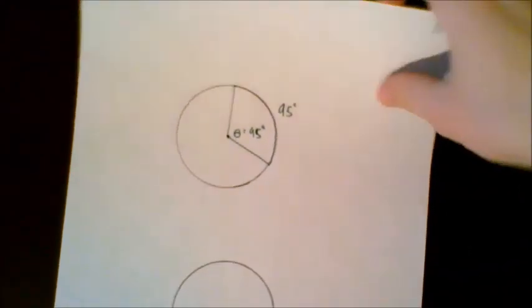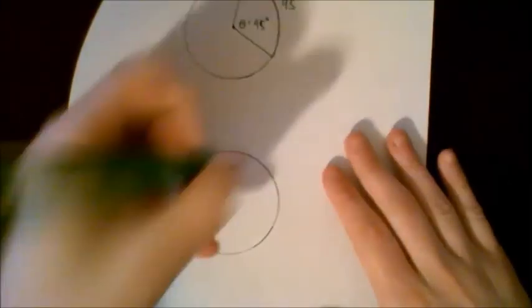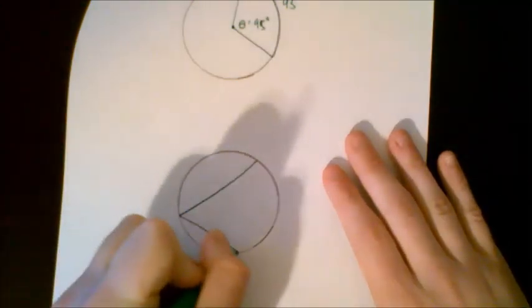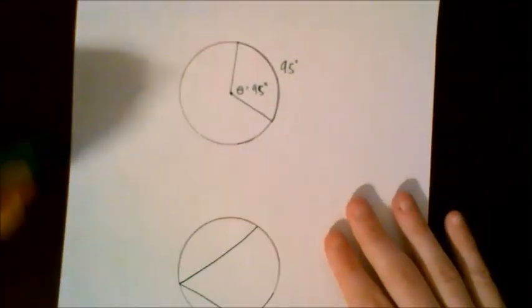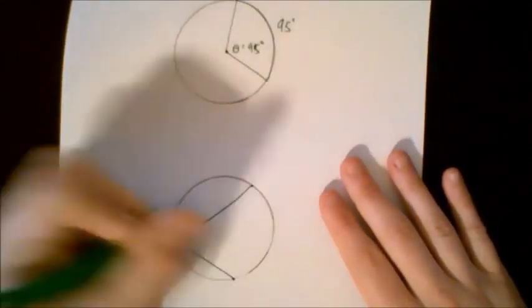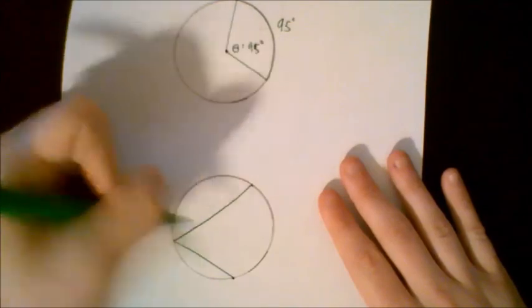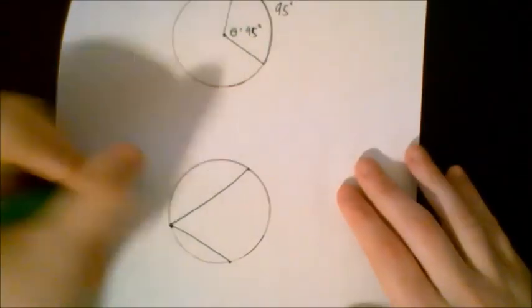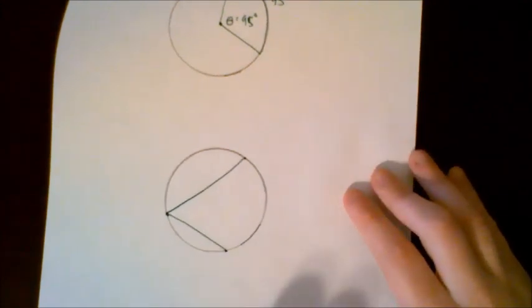And then the next one we talked about in Unit 11, our new angle, was an inscribed angle. The difference between an inscribed angle and a central angle is that two sides of an inscribed angle are chords in a circle, and the vertex lies on the circumference of the circle.